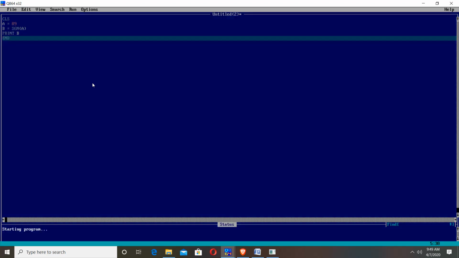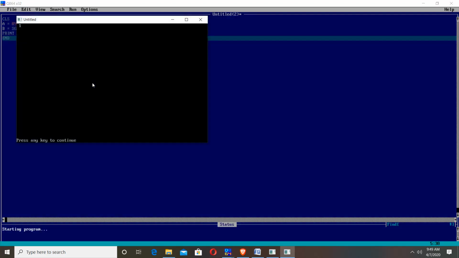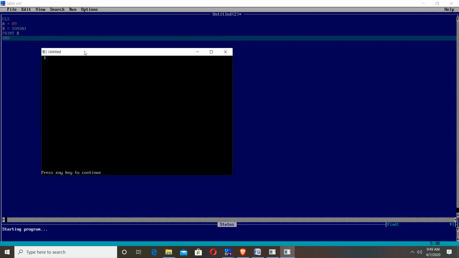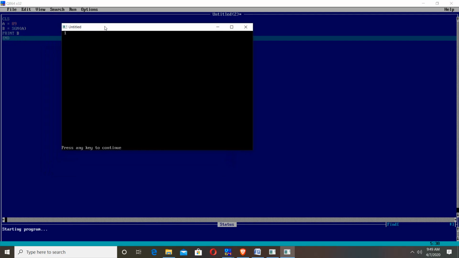Okay, just see here, the value of b is 1, or the output is 1. That means it retrieves the sign from the given number, and it retrieves it in the form of either 1 or -1 or 0.